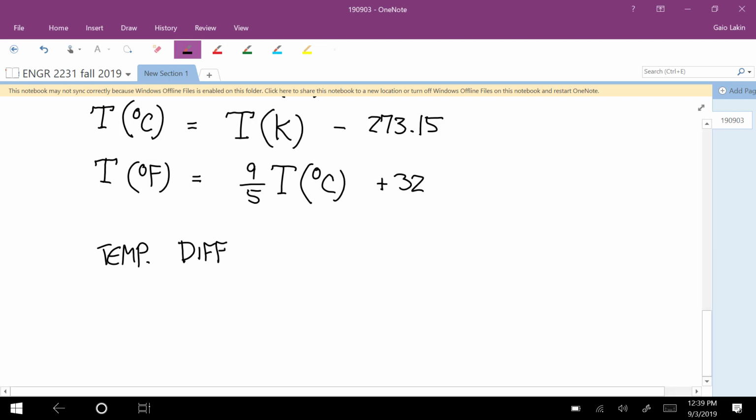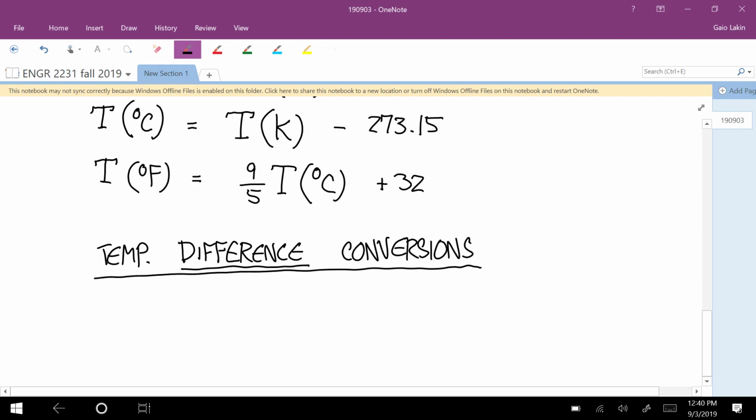So the change in temperature, and I'm using that change symbol to remind you that we're talking about differences, in Fahrenheit is the same thing as the change in temperature in the Rankine scale.